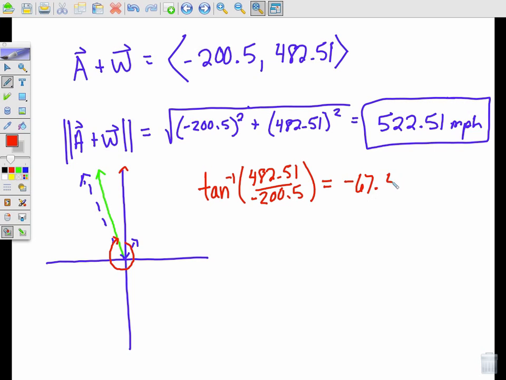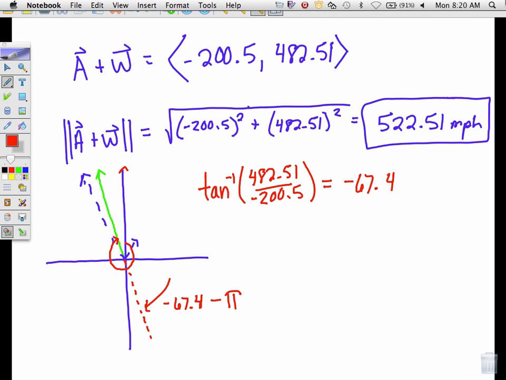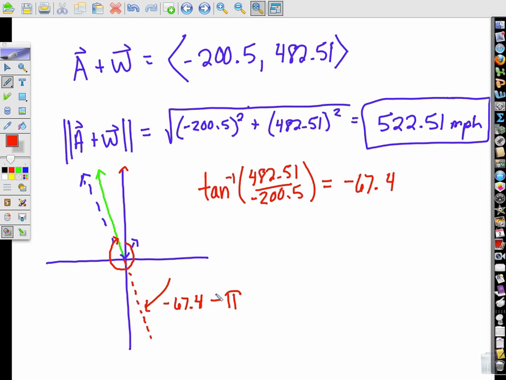Okay, so we're going to go ahead and find this inverse angle, which actually gives us negative 67.4. Well, negative 67.4 is this angle right down here. Since tangent is negative, it actually gave us the angle in quadrant 4, negative 67.4. Well, if I subtract pi from this, I'm going to find the green angle.